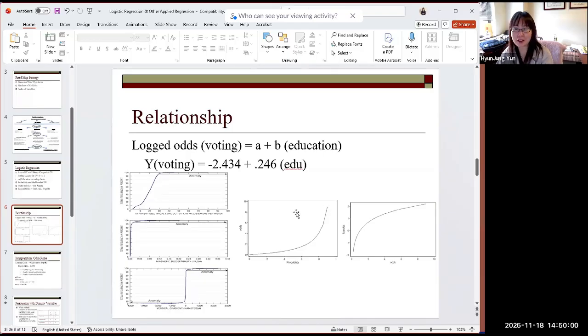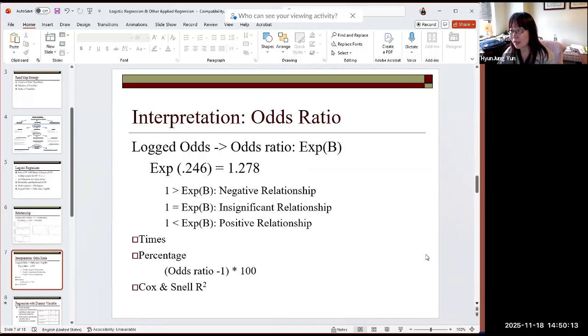It's never a straight line because it's yes or no. That's your dependent variable. Then we also look at the actual slope, the logged slope, and you make the exponential slope. That's how you are going to make the interpretation.